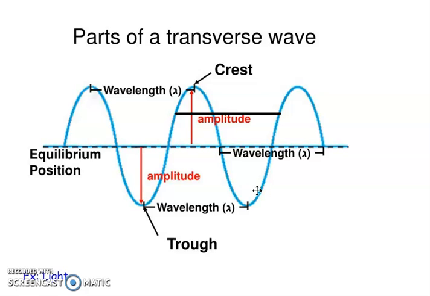Now, when you're asked what direction the particle is going to move, it's important that you pay attention to what direction the wave is traveling. So, for example, if this wave is traveling from left to right, and we're asked what is happening to the particle right here, well, we think left to right, oh, it's going up.